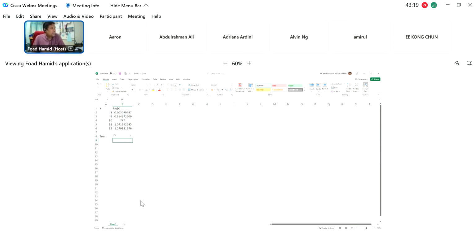Now let's try to do this linear interpolation first. Linear interpolation is this one. It keeps giving me messages here. Oh, I know what is wrong, because I'm copying the value, not copying the formula.